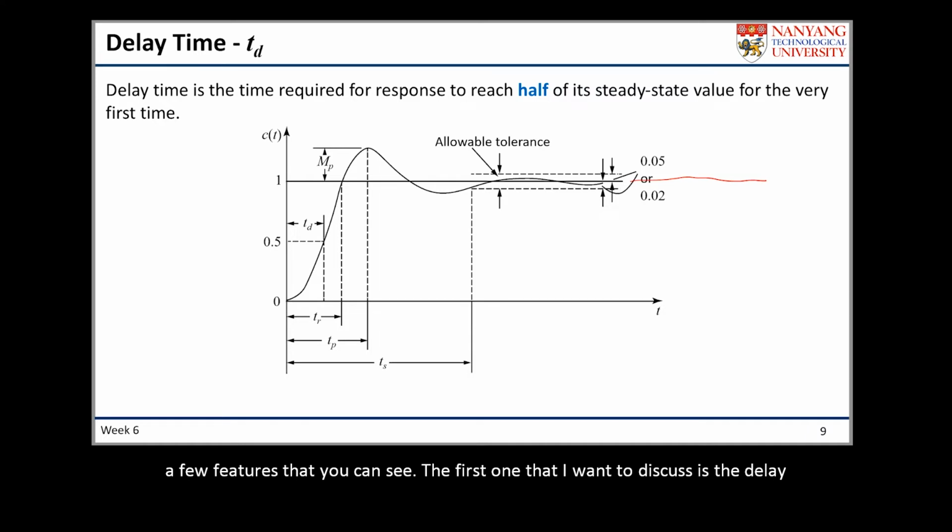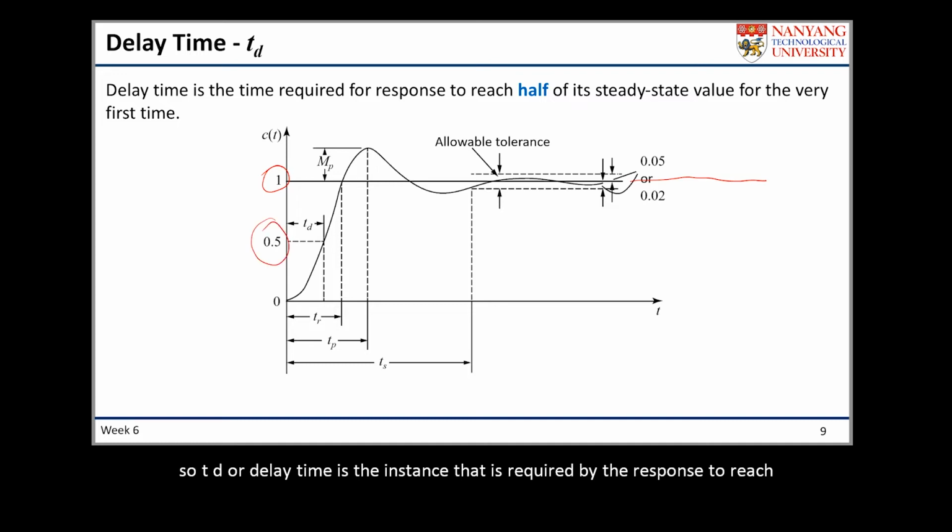The first one that I want to discuss is the delay time, normally annotated as TD. So what is delay time? Delay time is the time required by the response to reach half of its steady state value. In this example, the steady state value is 1, and half of 1 is of course 0.5.